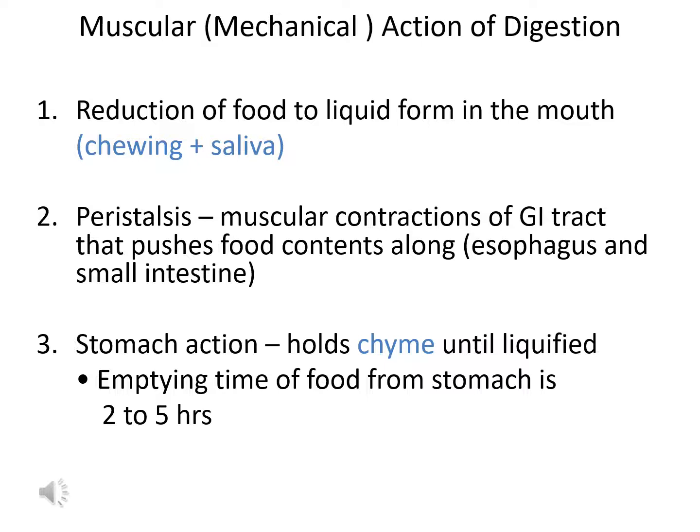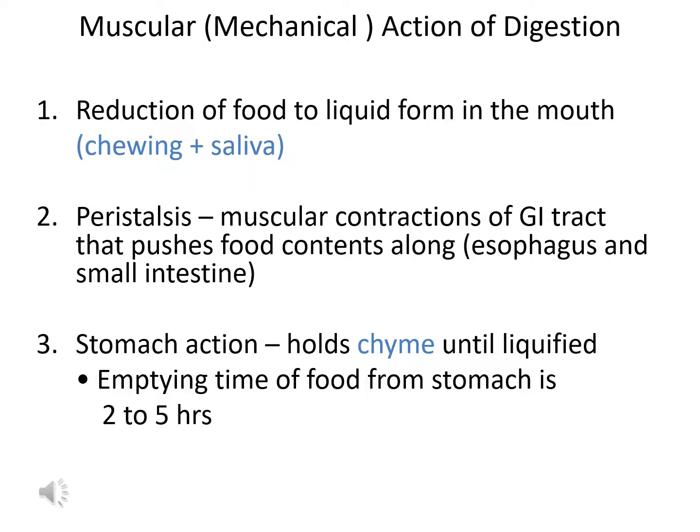The third muscular or mechanical action of digestion has to do with the stomach itself. The anatomy of the stomach is such that it can hold on to the chyme for an extremely long period of time until it is completely liquefied and can move into the small intestine.